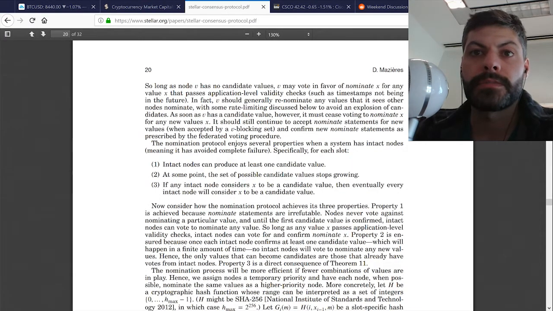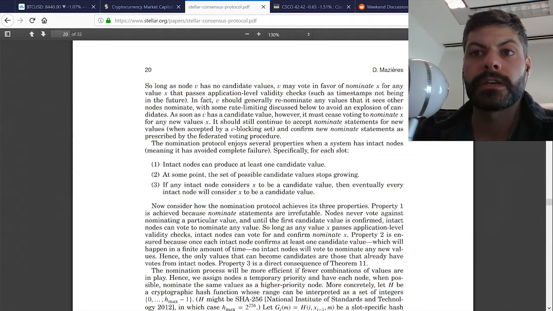Now, consider how the nomination protocol achieves its three properties. Property 1 is achieved because nominate statements are irrefutable. Nodes never vote against nominating a particular value, and until the first candidate value is confirmed, intact nodes can vote to nominate any value.